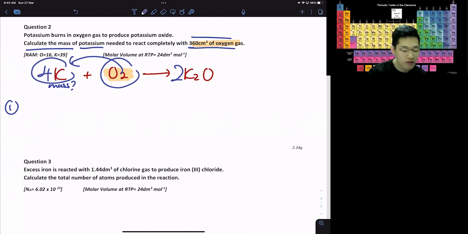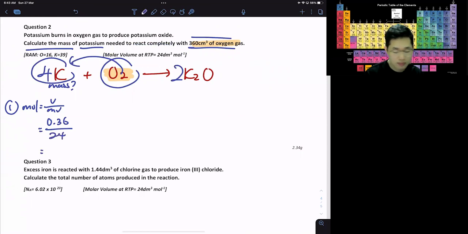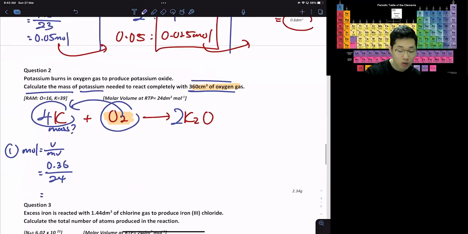So I have to use the formula mole equals V over molar volume. The unit of volume is supposed to be dm cube, so I have to change it to dm cube first by dividing by 1000. So 0.36, divided by the molar volume, 24, to get 0.015.